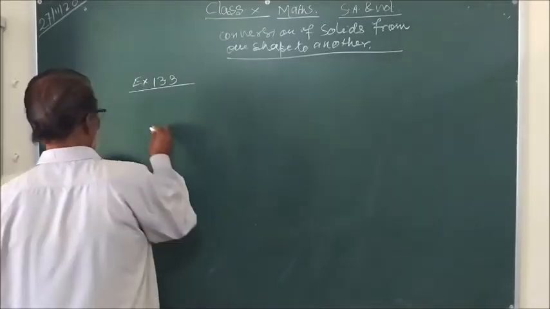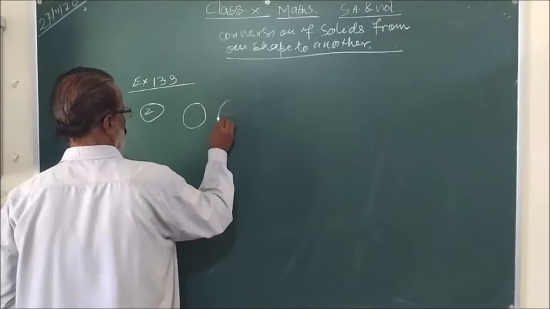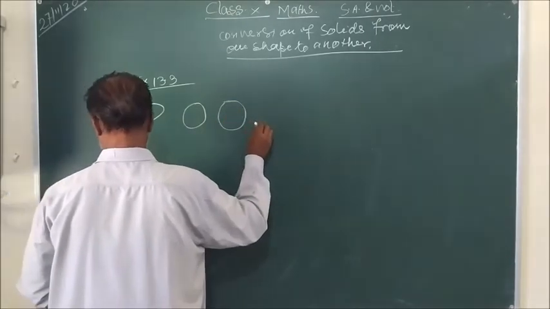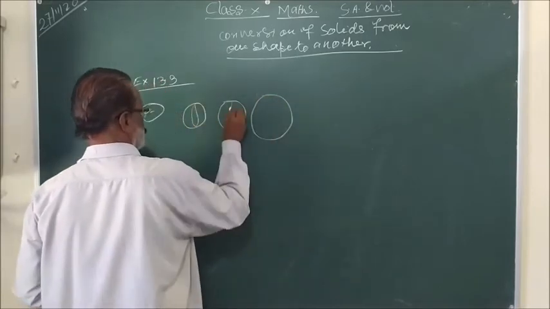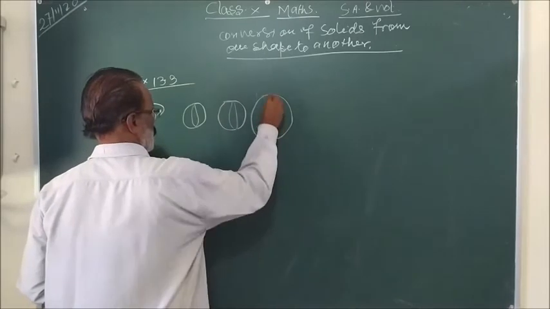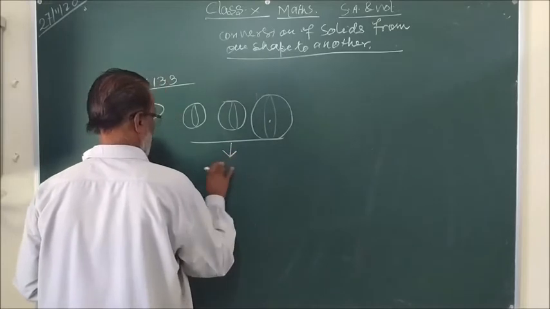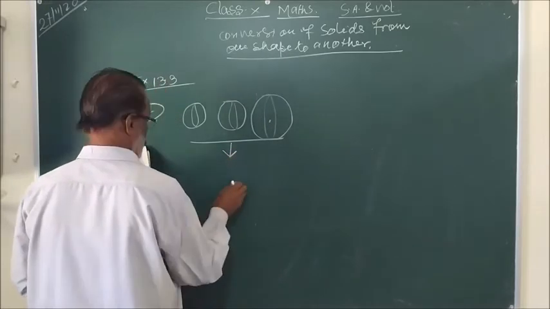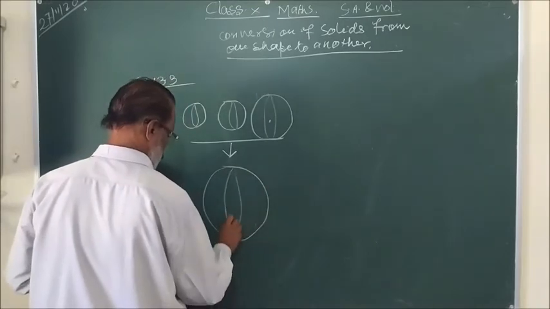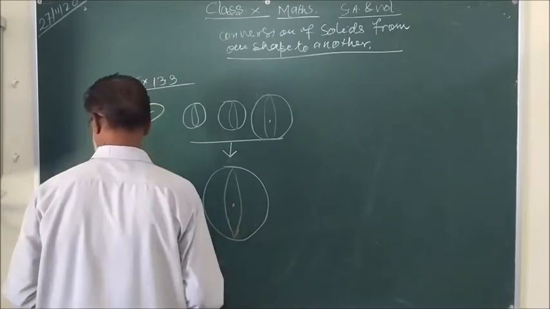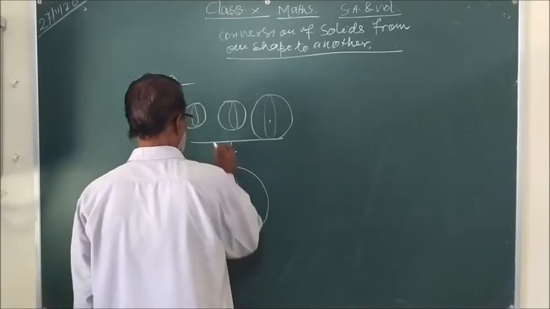Metallic spheres of radius 6 cm, 8 cm and 10 cm: these three metallic spheres are melted and reshaped into a single sphere. So what is the radius of this sphere? This is the question.